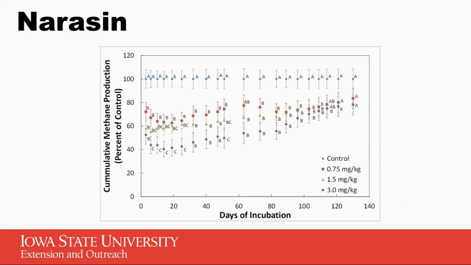So ionophores are an antimicrobial commonly fed in livestock diets, specifically in many beef diets. It's because it acts as an antimicrobial in the gut and ultimately can improve average daily gain performance.